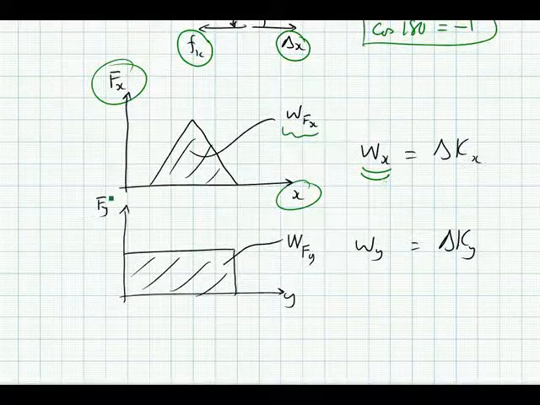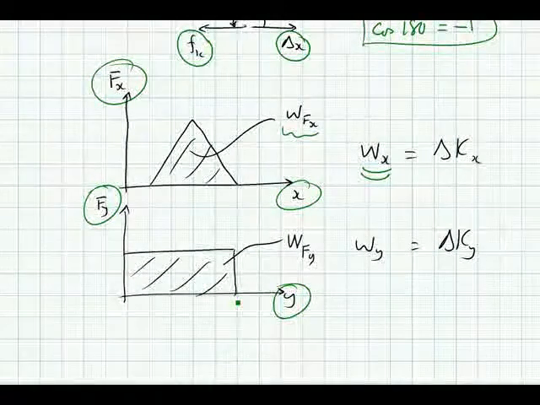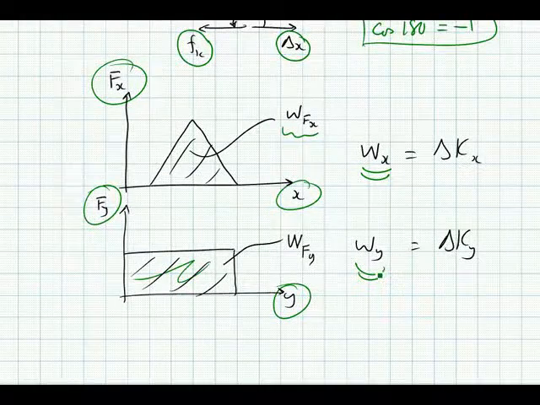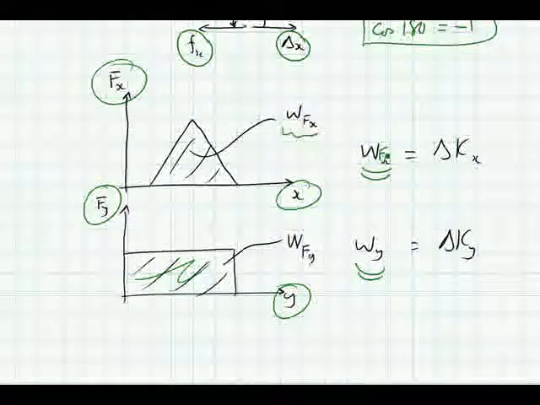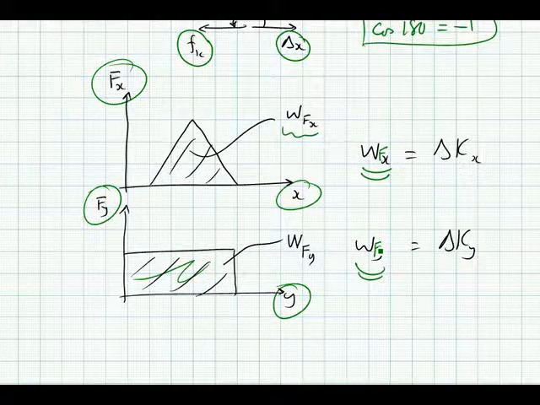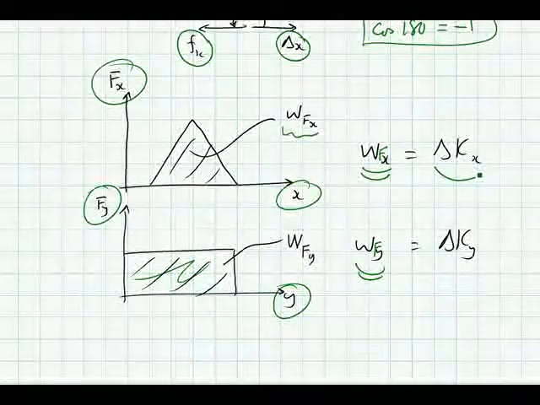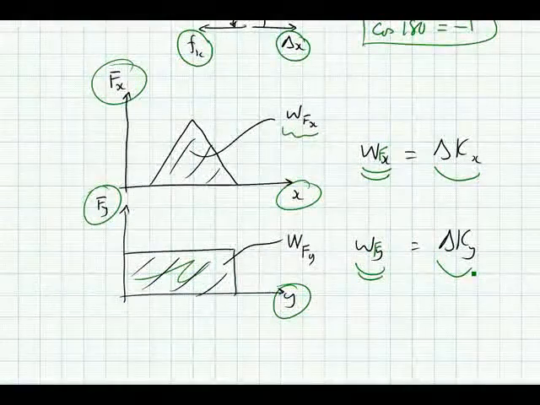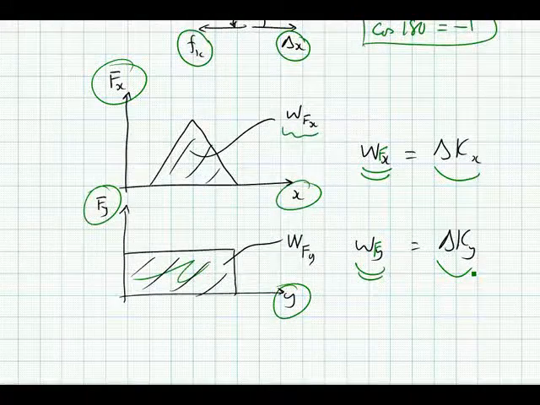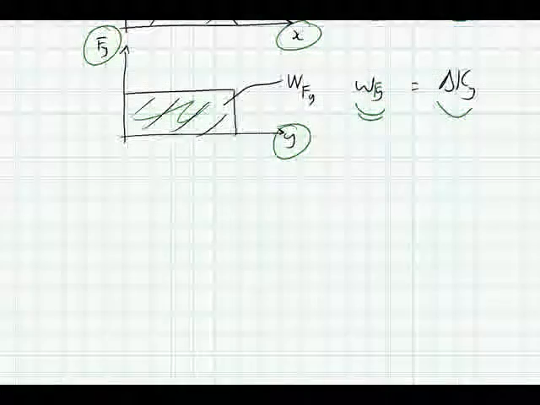And similarly, if there's an Fy acting on the object while it's being displaced along y, then it's the area under this curve, which gives you, should really be WFx and WFy. Alright, so in this case, that's change in the kinetic energy of the object along the x direction, and change in the kinetic energy of the object along the y direction. Okay, that's about it.